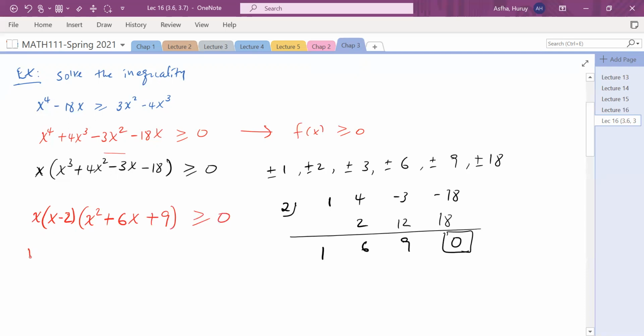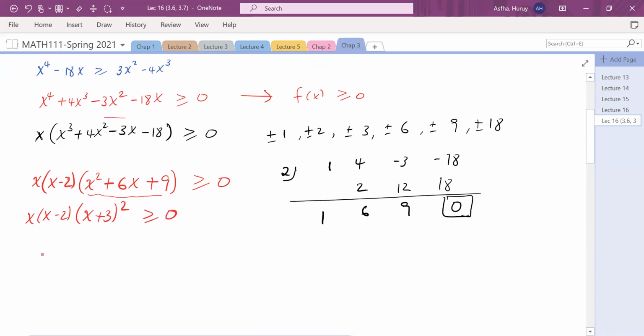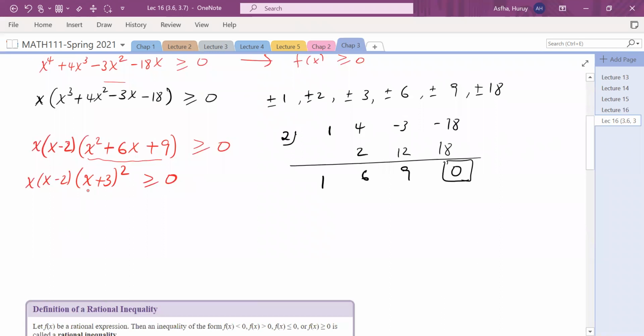Okay, and we keep factoring it, and this is a perfect square, or we can follow the factorization theorem and we will find out that this is x plus 3 squared. Now we have 3 different factors, including one of them has a multiplicity of 2.